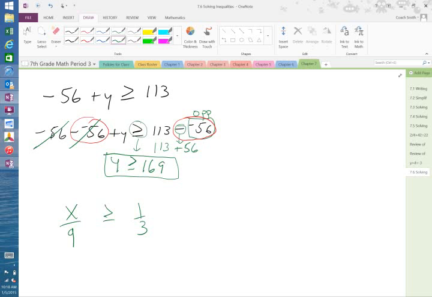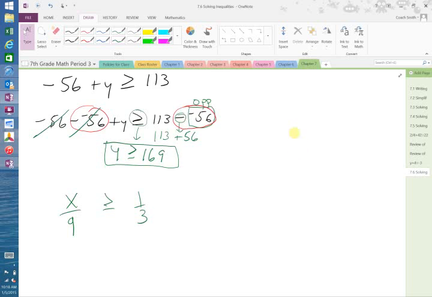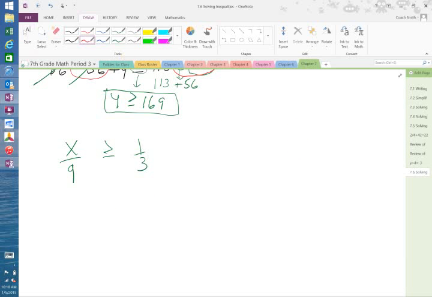What mathematical operation is x over 9? Okay, it's division. X divided by 9. So the inverse of dividing by 9 would be to do what? Multiply by 9. So I'm going to rewrite the problem with the multiplication in it. I'm going to take and multiply, okay, by 9.